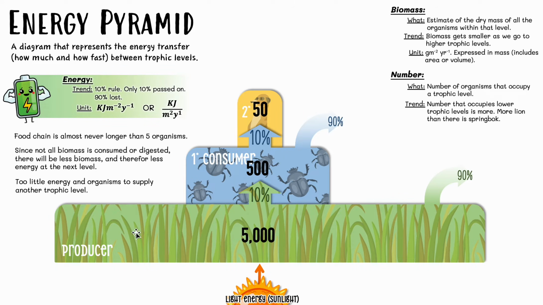And if there's much more energy in this level, then you're more likely to sustain primary, secondary, tertiary, or even higher consumers. So ecosystems with more sunlight will likely have more layers to their food chains compared to areas like tundra or ice places that have lower sunlight, because they will have less producers, and hence they will definitely sustain less trophic levels.